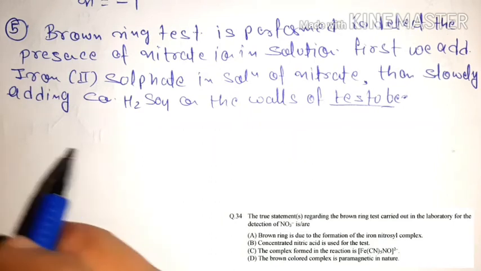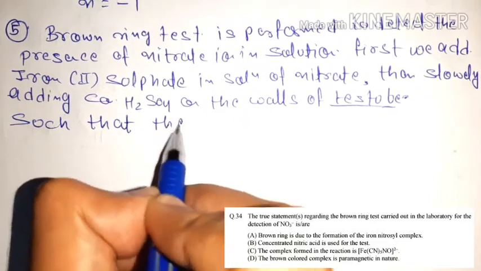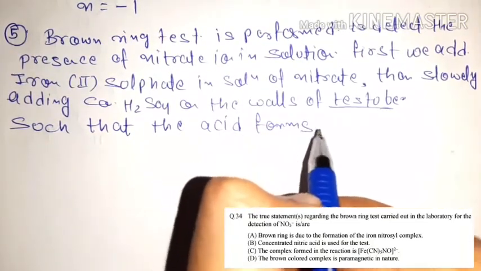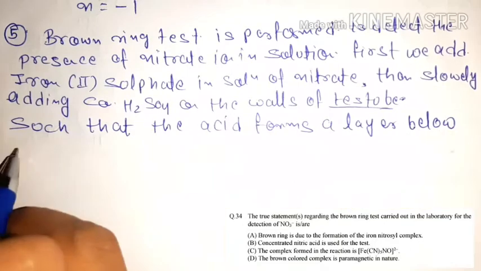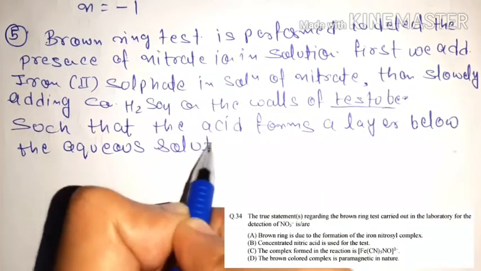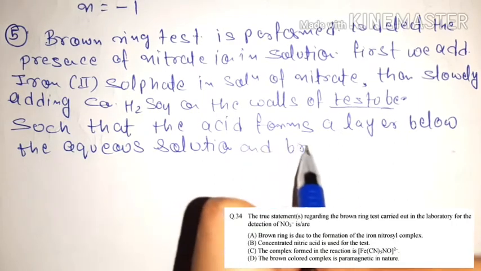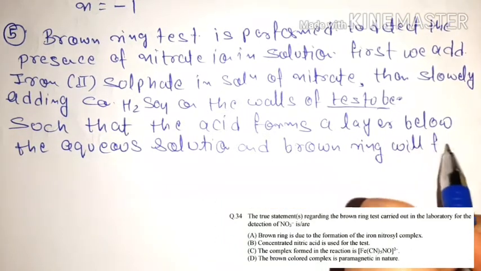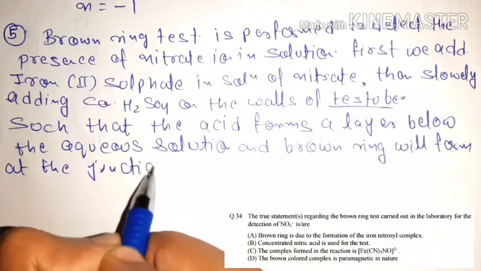We observe that the acid forms a layer below the aqueous solution, and a brown ring will form at the junction of the two layers.